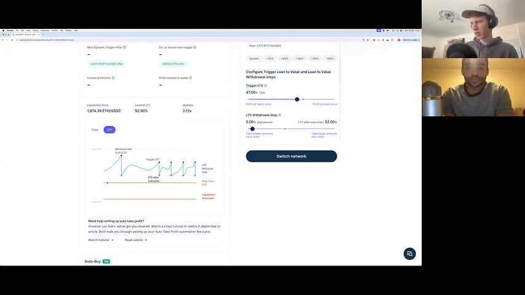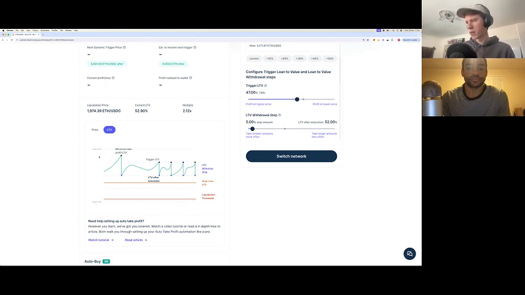The orange line represents your stop loss loan to value, and the red line the liquidation threshold. So you see that the stop loss loan to value is set a little bit above, going from a low LTV to a high LTV.